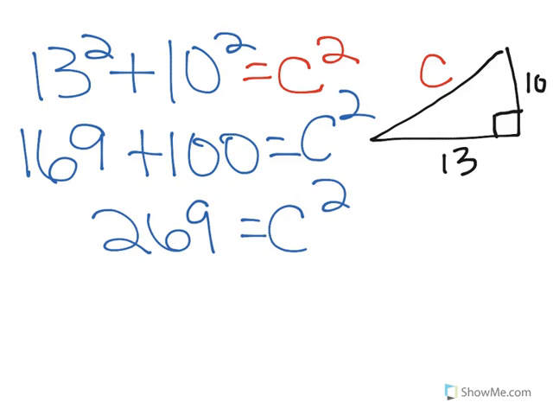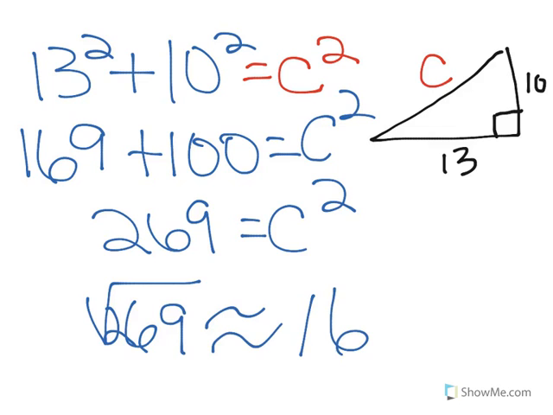That gives me c squared. And the square root of 269 is approximately equal to 16.4. So the missing side of this right triangle is 16.4.